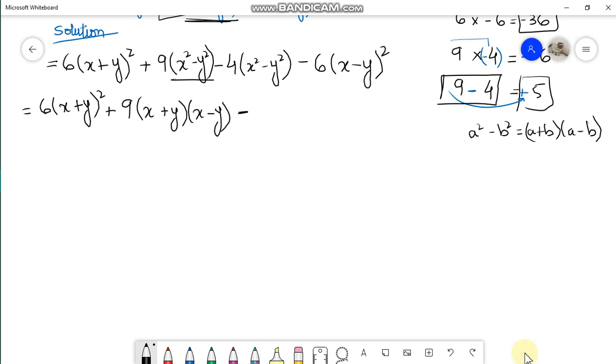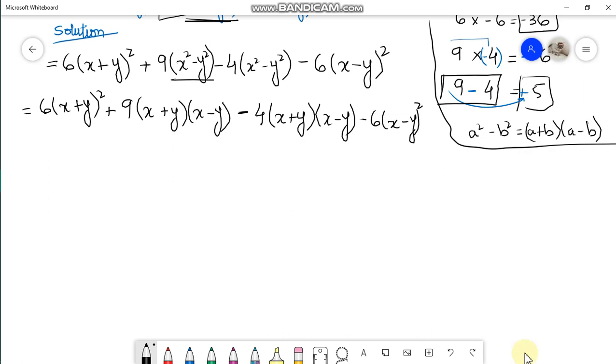Now it's the turn for the next, 4 (x plus y)(x minus y), and the last term will remain as it is, that is minus 6 (x minus y) whole square. Now students, you will take common of two terms. These are the first two terms, you will take common from these two terms.